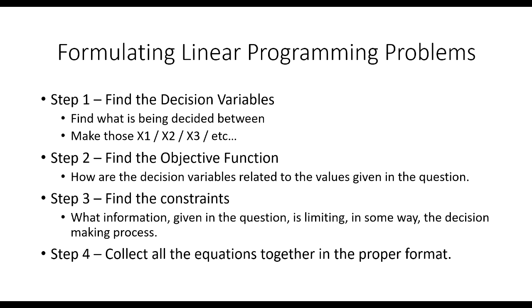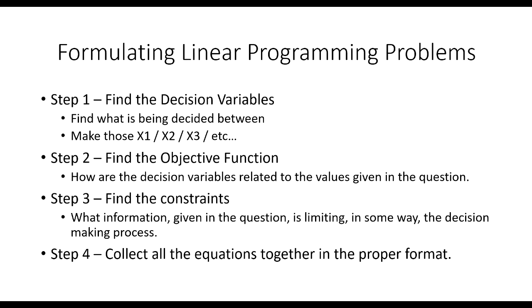Whatever we are deciding becomes x1, x2, x3, etc. We don't always have one thing that we're deciding. Sometimes we have many, sometimes we don't. It always depends, but however many things we are deciding upon, those become our decision variables.